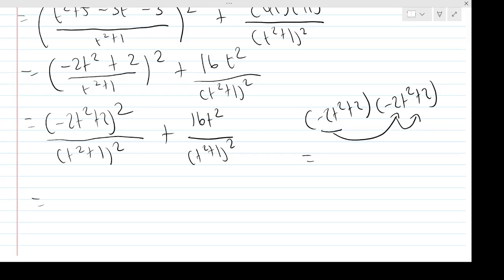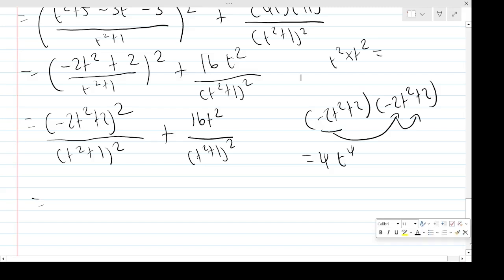Minus 2 times minus 2 is plus 4. t squared times t squared is t to the 4, okay? Because remember, when we have the same base, we can add the powers together. So t squared times t squared gives us t to the 4. That's where that comes from, okay?